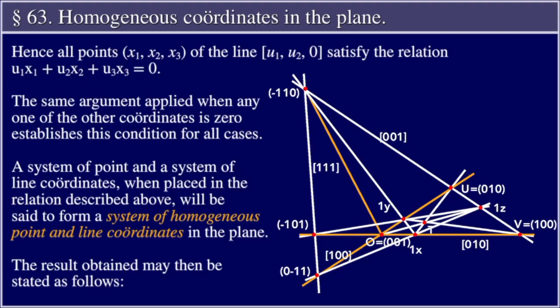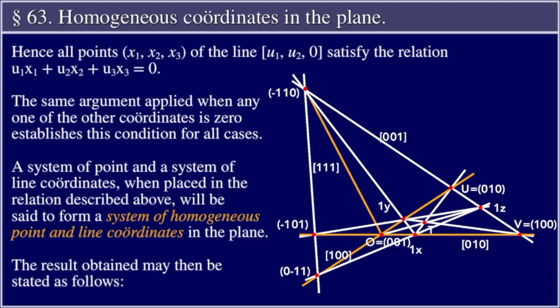The same argument applied when any one of the other coordinates is 0 establishes this condition for all cases. A system of point and a system of line coordinates, when placed in the relation described above, will be said to form a system of homogeneous point and line coordinates in the plane.